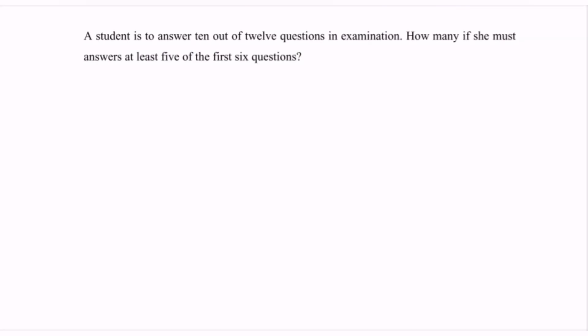Next, we have another situation for permutation and combination. A student is to answer 10 out of 12 questions. So here we have 12 questions. How many ways if she must answer at least 5 of the first 6 questions?